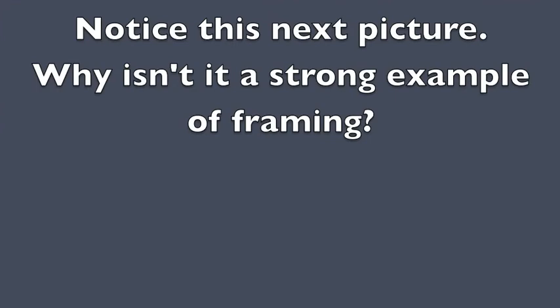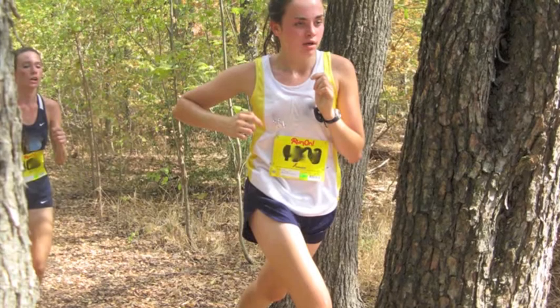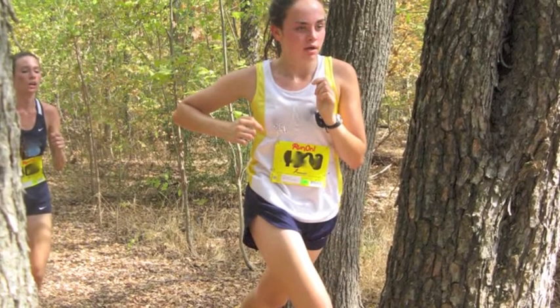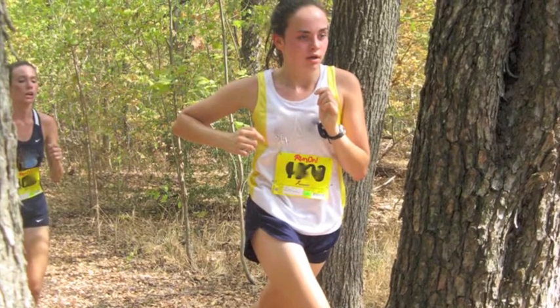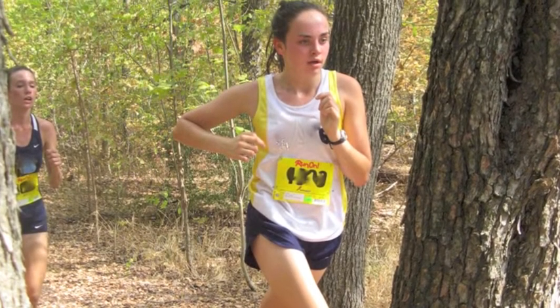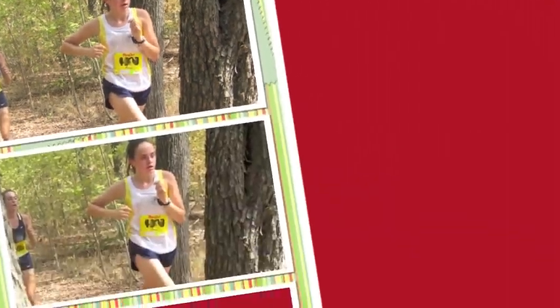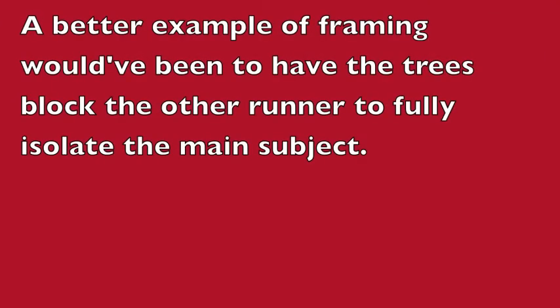Why isn't it a strong example of framing? A better example of framing would have been to have the trees block the other runner to fully isolate the main subject.